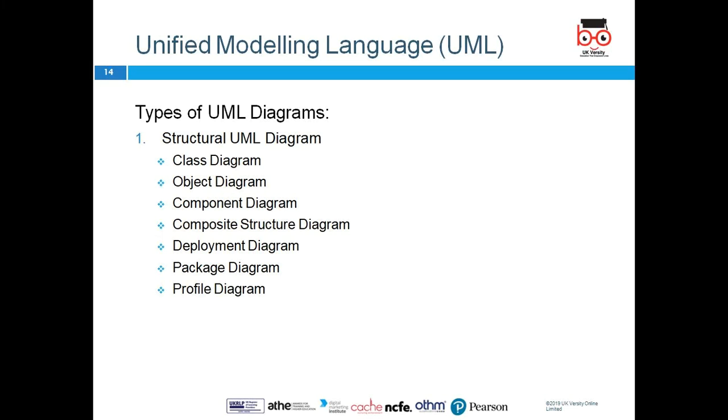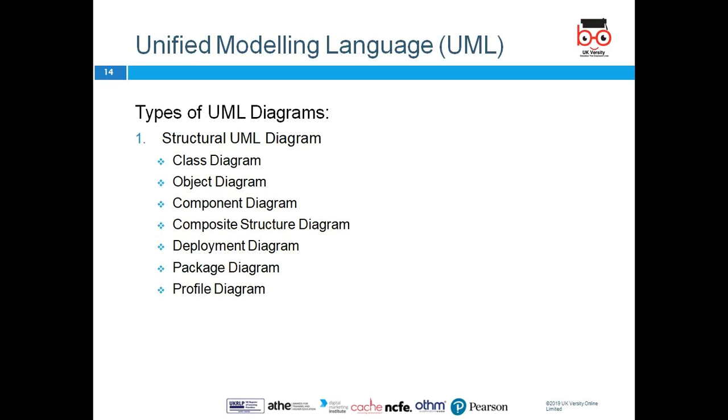Now, UML is the diagrammatic language that is based on the object orientation concept. And class is one of the components of the object oriented thing.